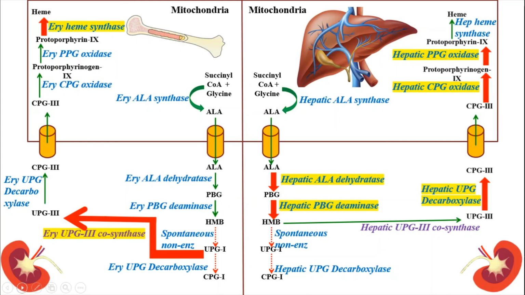When the defective enzyme is erythropoietic heme synthase or ferrochelatase, the name of the disease is erythropoietic protoporphyria. And last but not least, when erythropoietic ALA synthase is defective, it is called X-linked sideroblastic anemia. But I am telling again, that is not included under the heading porphyria.